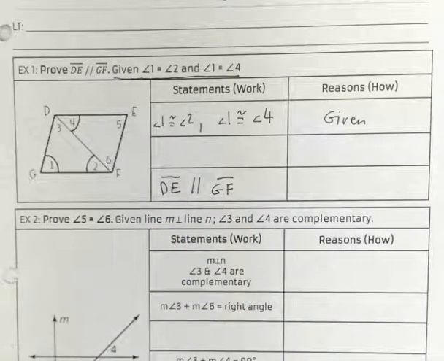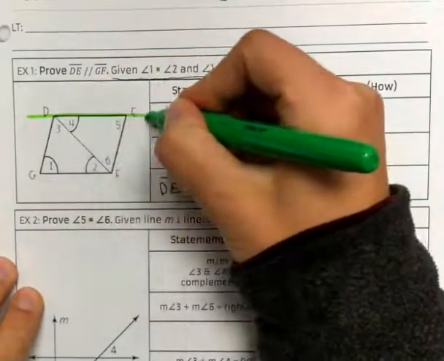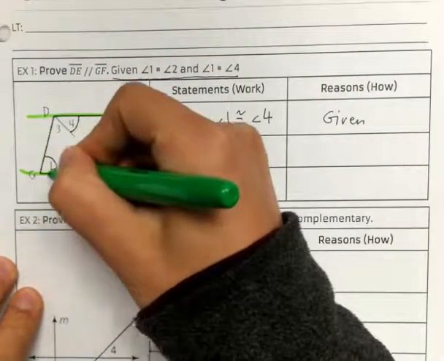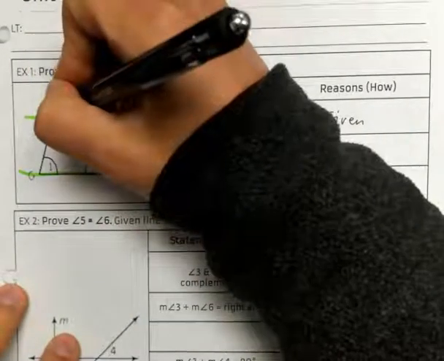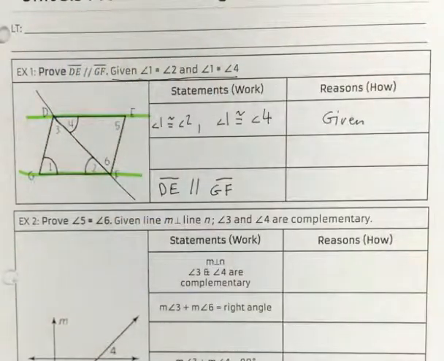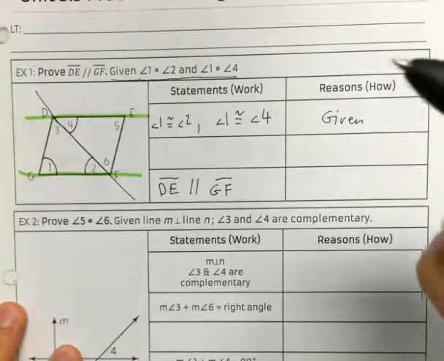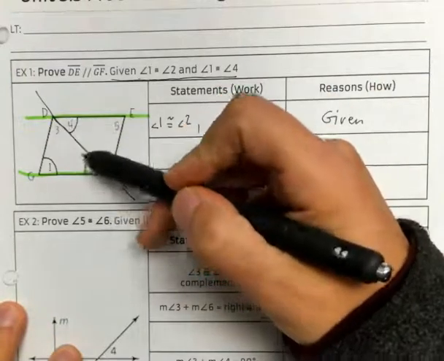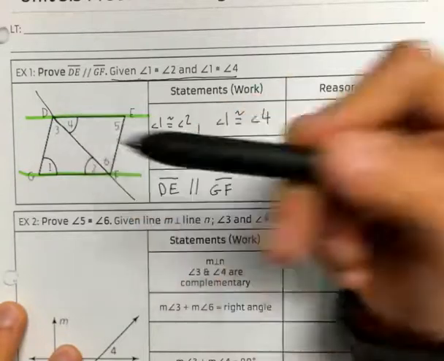Okay? Now, knowing what I need to prove, I haven't proved it yet, but I need to prove that DE is parallel to GF. And those lines are cut by this transversal right here, right? So just looking at how I marked the picture, I can already tell that these two lines, I'm going to be able to prove that they are parallel because these two angles are congruent.